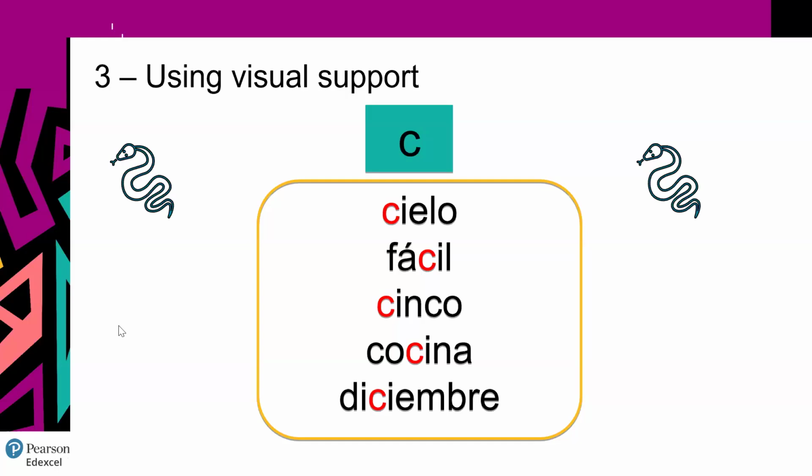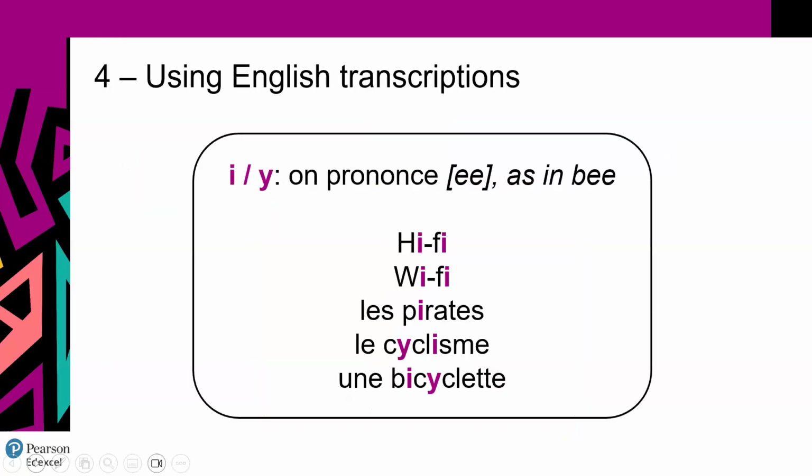Then, some of you mentioned earlier agreeing on transcriptions. For example, the i and the y in French is "ee", as in bee. So they can say i, fi, oui, fi, pirate, cycliste, bicyclette.